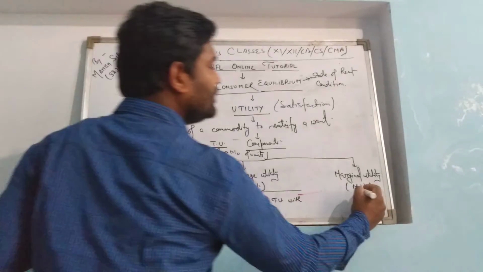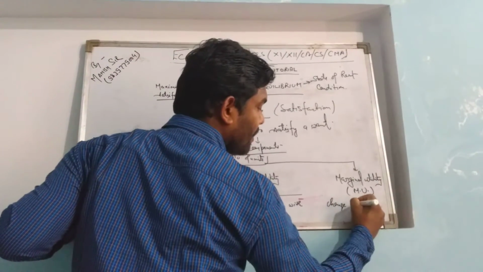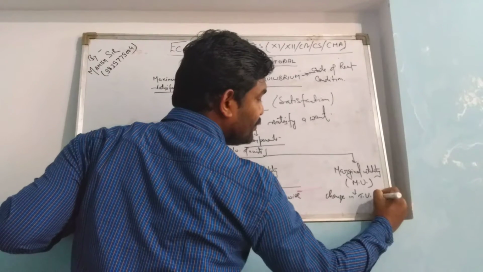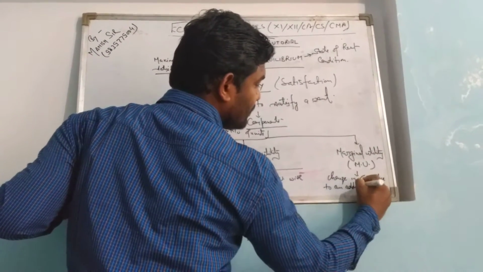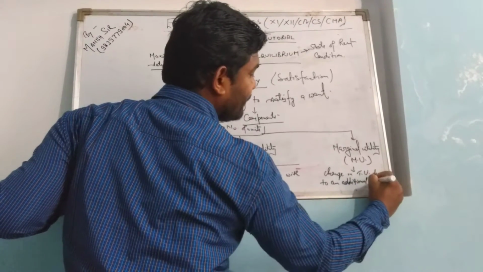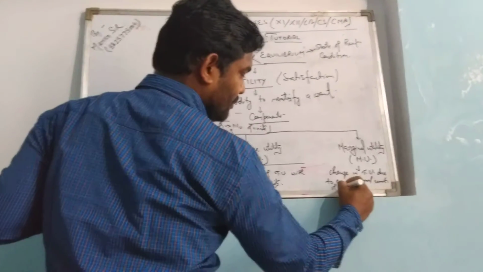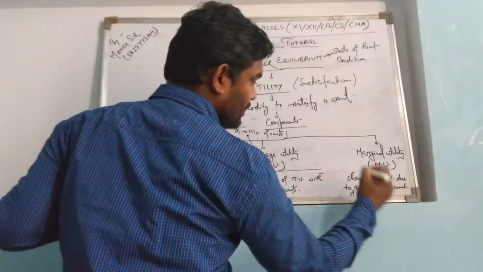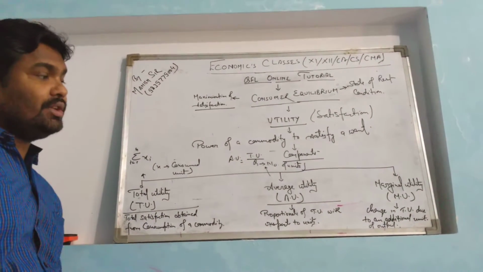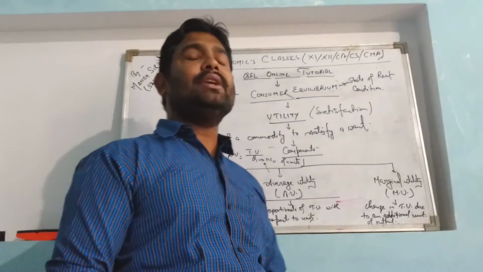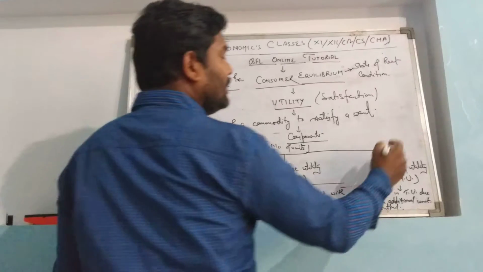Now, when it comes to marginal utility, we can say that it is the change in total utility due to an additional unit of output. When there is a change in total utility due to the addition of a unit, that is known as marginal utility.